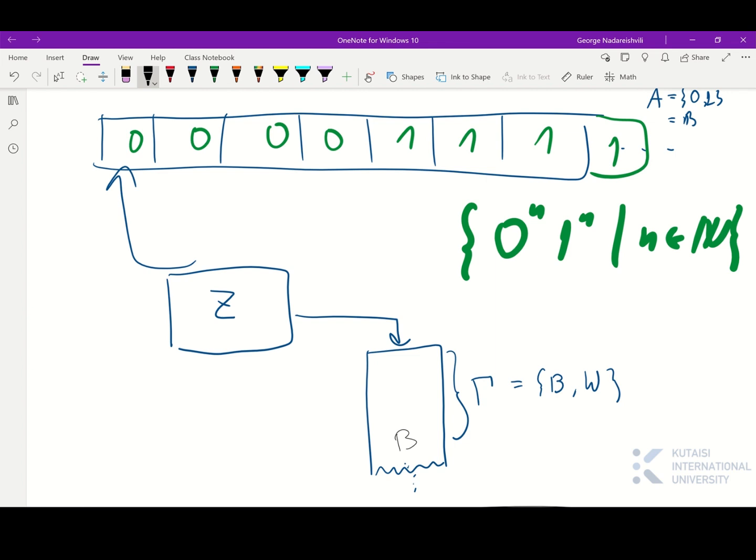Then I move right, I see 0, I put down black again. I see 0, I put down black again. When I see 1, I will start removing black. I do not need white, by the way. I just need one symbol, black. So I keep on putting blacks when I see zeros. And when I see 1, I change my state.